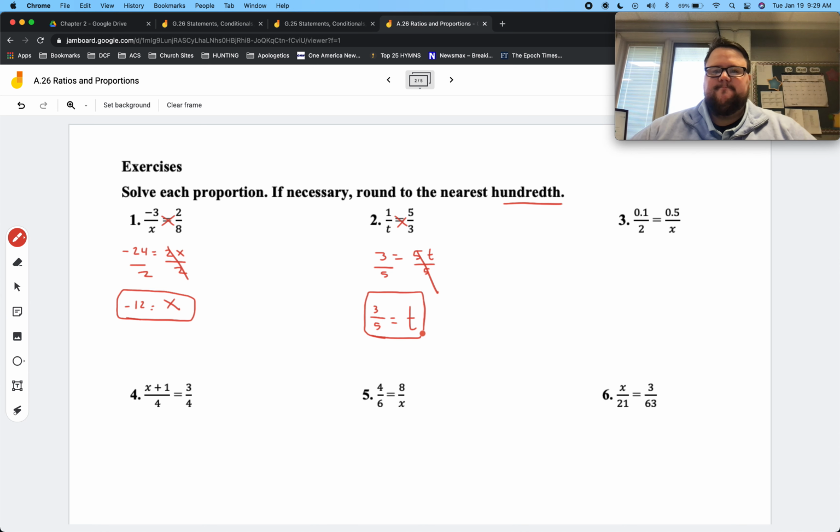And that's your answer. Same thing here. You're just going to use your cross multiplication. So 0.1 times x is 0.1x equals 2 times 0.5, which is 1. Divide by 0.1, divide by 0.1. The 0.1's cancel out. X equals 10.